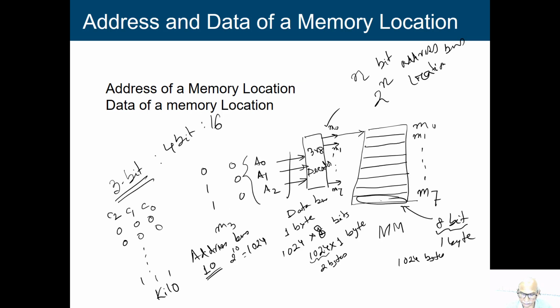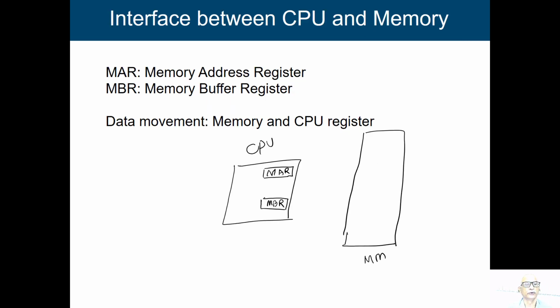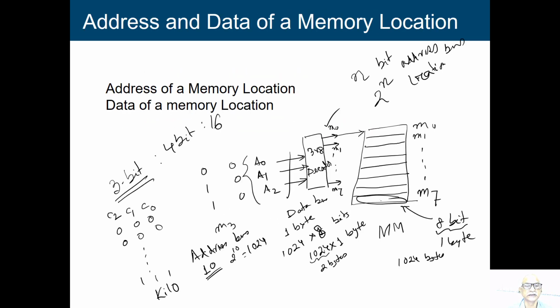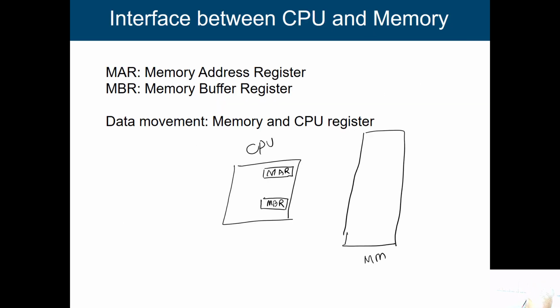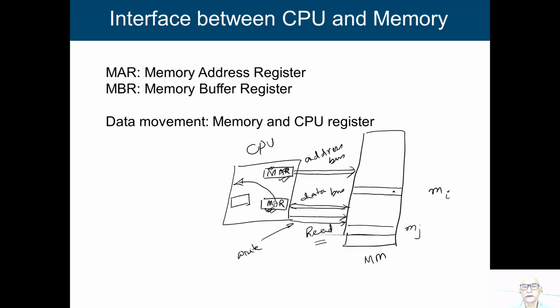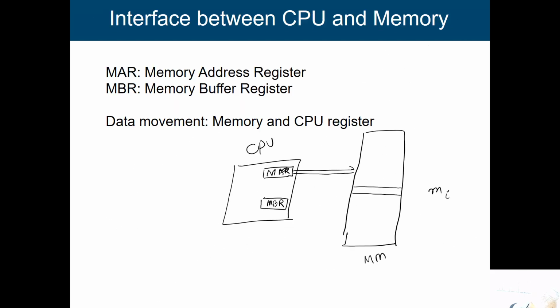By name itself we can say that in MAR we are going to keep the address, and in MBR we are going to keep the data. Now, if I want to transfer information from this memory location Mi, the address of this Mi will first be kept in the MAR, and the contents of the MAR will be connected to the address bus.